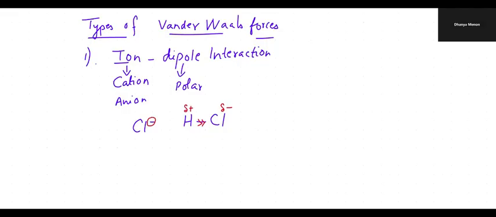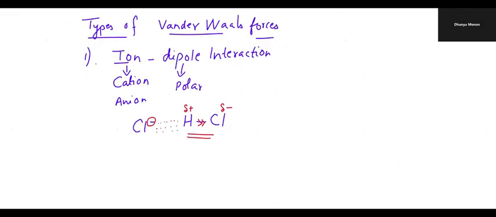So that is why there will be forces of attraction between the chloride ion and the hydrogen of HCl. So this force of attraction between the chloride ion and this polar molecule is called ion-dipole interaction.